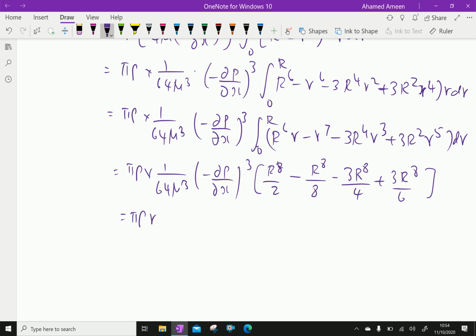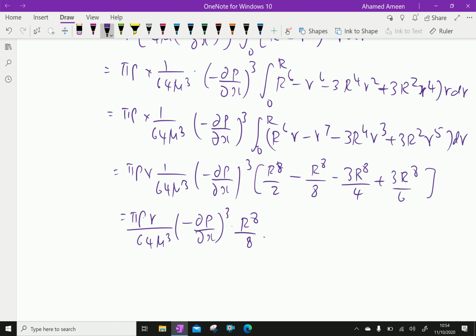So pi rho over 64 mu cube, minus dou p by dou x the cube. After simplification, this expression will become R power 8 over 8.